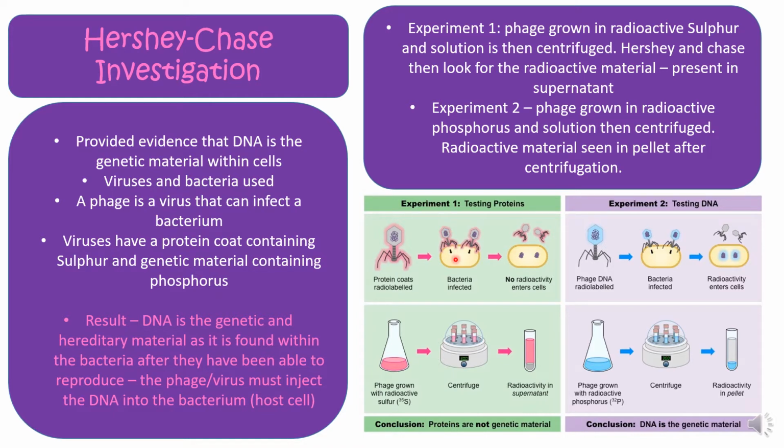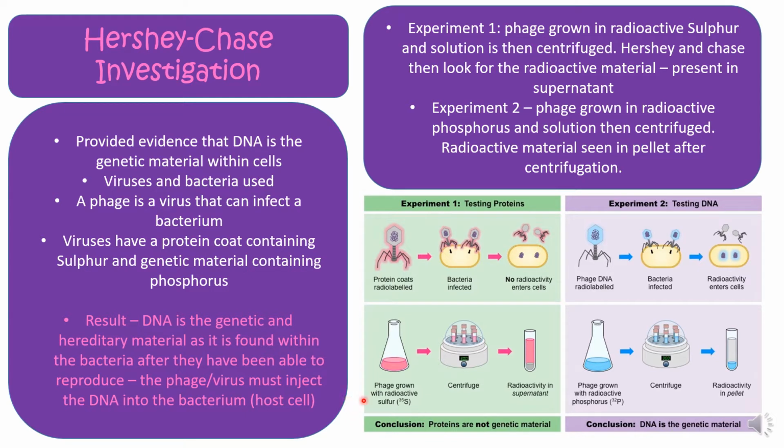It has to do that because the bacteria is the host cell, and viruses can't reproduce without a host cell. So we can see here that there's no radioactivity within the cell because this part of the virus doesn't enter the cell. This part of the virus leaves, and this is where the radioactivity is.